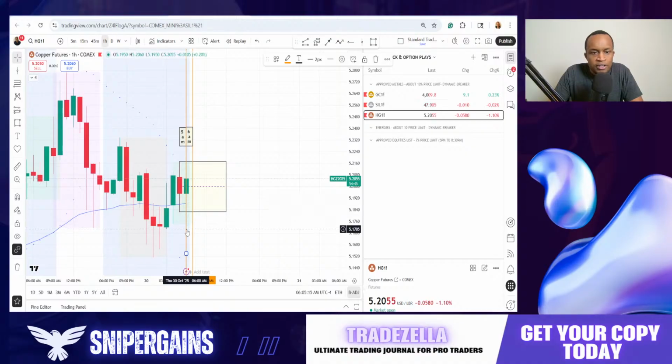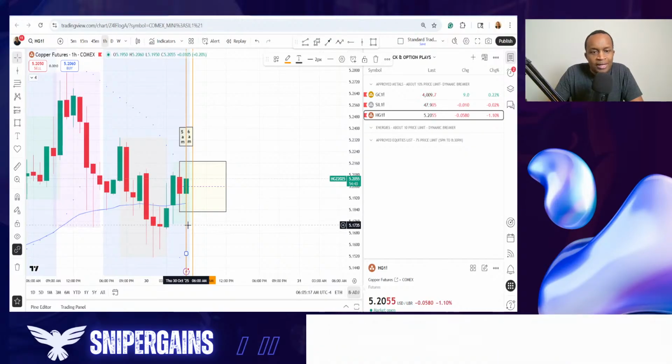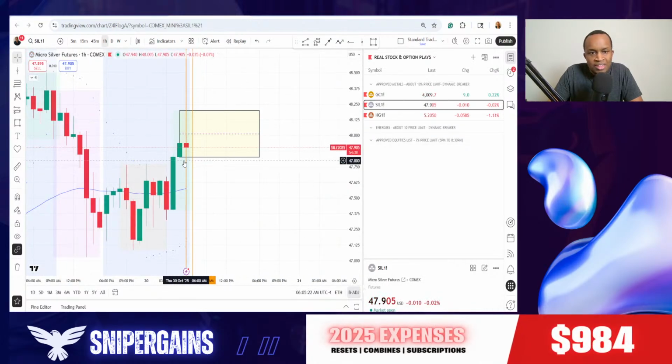Because if it sweeps here, it's still okay. It would be more like a C setup. But if I can get a sweep on this one, it would be an A setup, because at least the box or the accumulation hour would be fully above that 50 EMA. There will be no ambiguity when it comes to that.